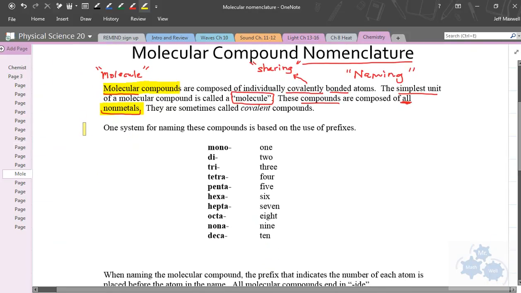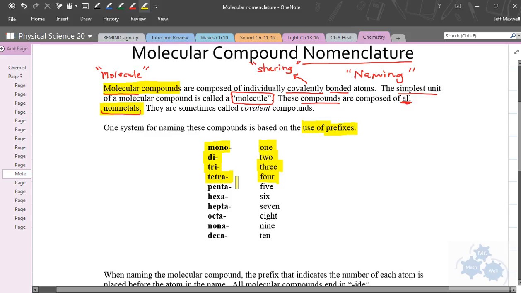How you name these is different because we're not talking about ions like in ionic. We have a special way of naming these, and we use prefixes. We use this list of prefixes when naming molecular compounds. I guess you all have these on your sheet, it's very important to memorize these, okay? And it shouldn't be too hard. Mono is 1, di is 2, tri 3, tetra is 4, and there are other prefixes to mean the same thing, but in chemistry, these are the ones we use.